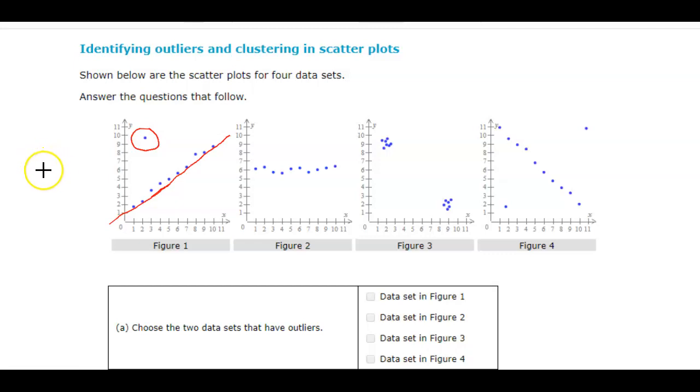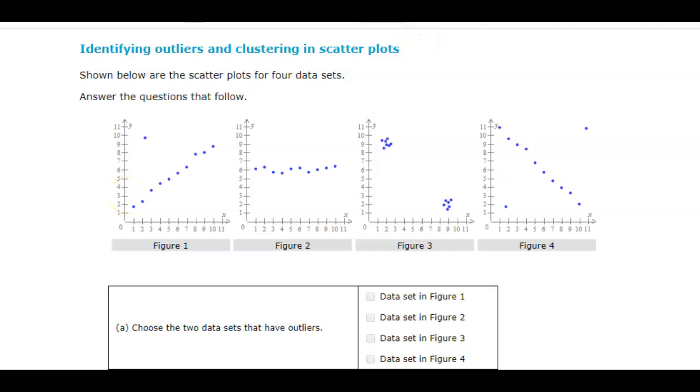So this right here would be called an outlier, okay? And everything else looks like it's grouped pretty well together. So there's really no outliers right there. And there's really no clusters right there because there's not just a bunch of points in the same area. They're all spread out pretty well.